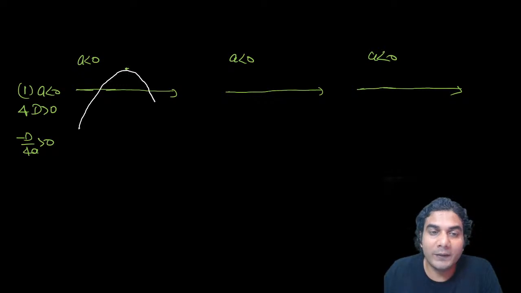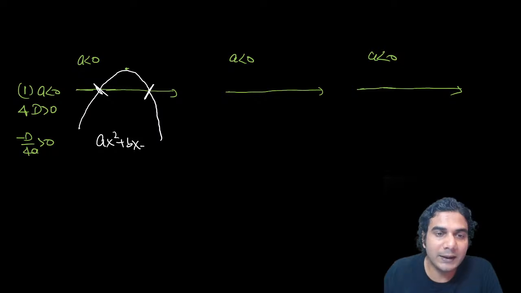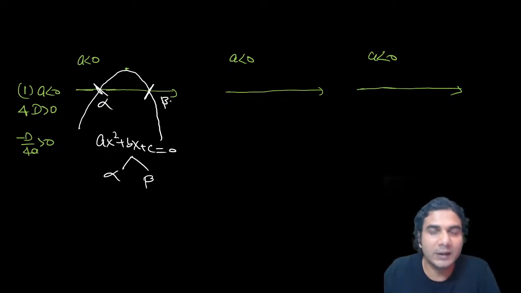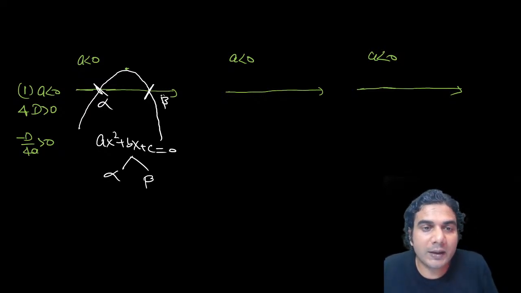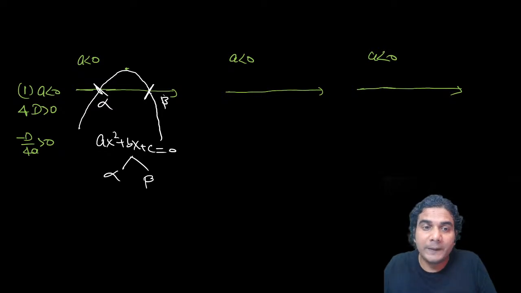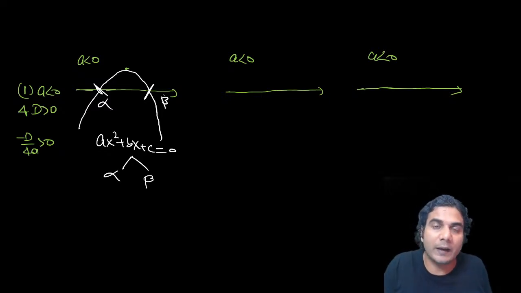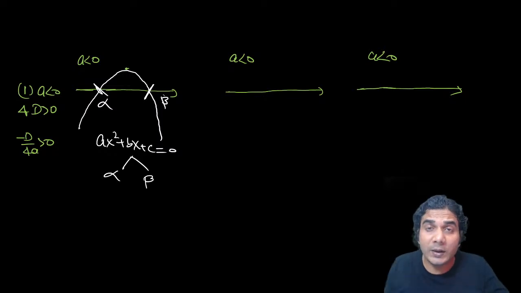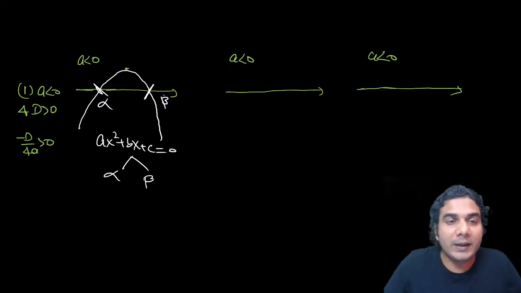And you know whenever the discriminant is positive, the roots are real. Yes, it will cut. This equation ax square plus bx plus c will have two roots, alpha and beta. That means it is going to be 0 two times, for x is equal to alpha and x is equal to beta. But for the rest of the values of x, belonging to all real numbers, ax square plus bx plus c is going to be either positive or negative.